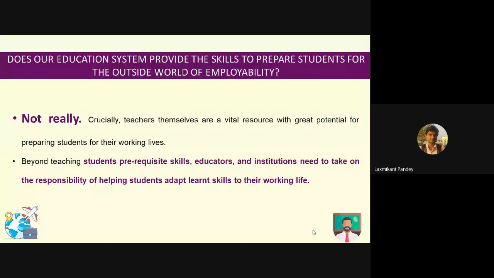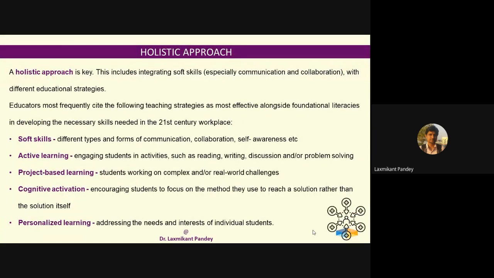So beyond teaching students prerequisite skills, educators and the institution need to take on the responsibility of helping students adapt learned skills to their working life. That is a very important thing. So the thing is the holistic approach, meaning different kinds of skills need to be incorporated among today's generation Z, like soft skills.